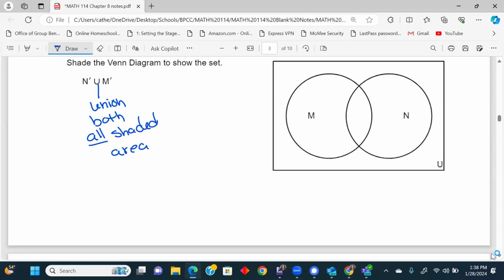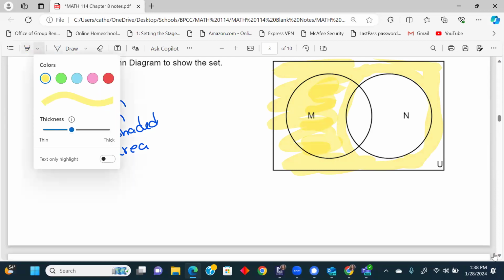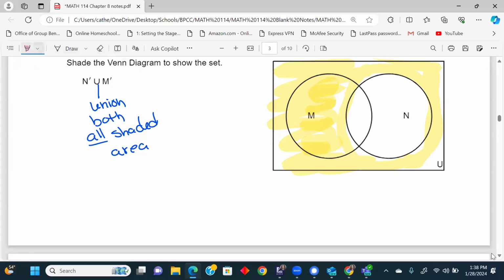Okay. So not N and not M. So outside of N, and then outside of M, which would be, there we go.